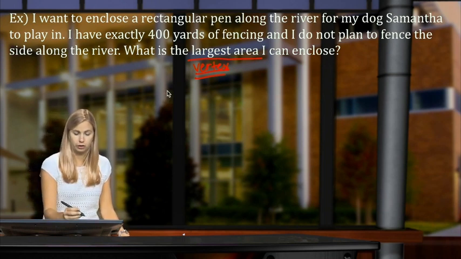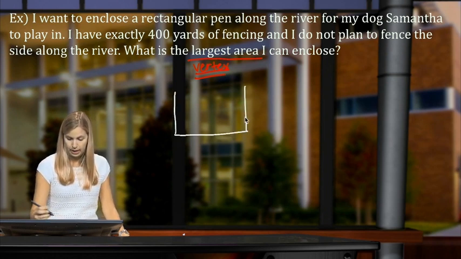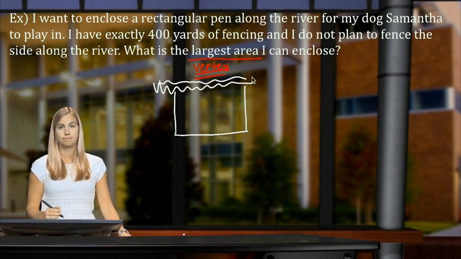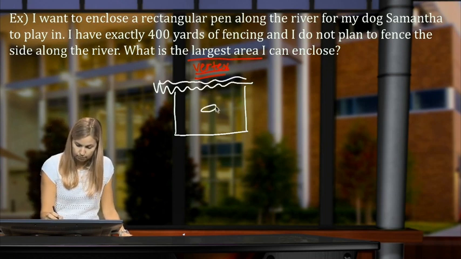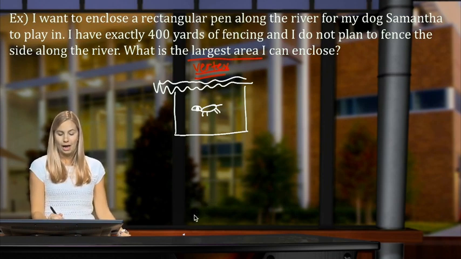So I'm going to draw a picture first. Here's my pen. Here's the river that I'm not fencing in. Here's Samantha. She's happy in her pen playing around. Now, I know that I've got 400 feet of fencing.